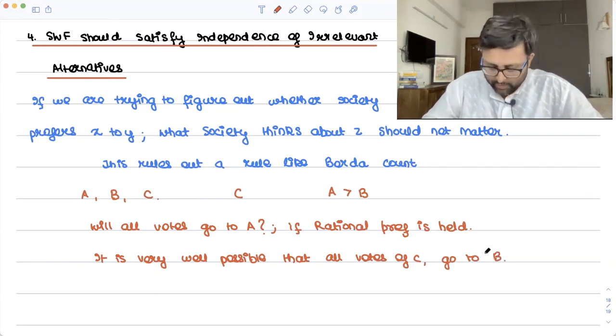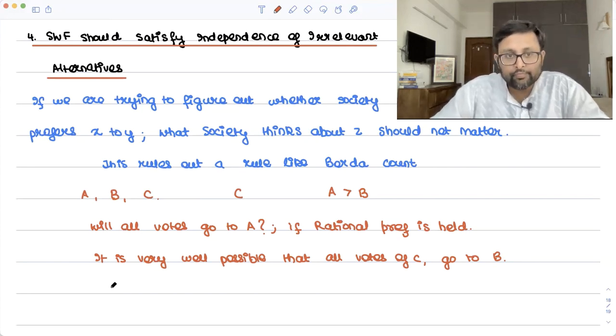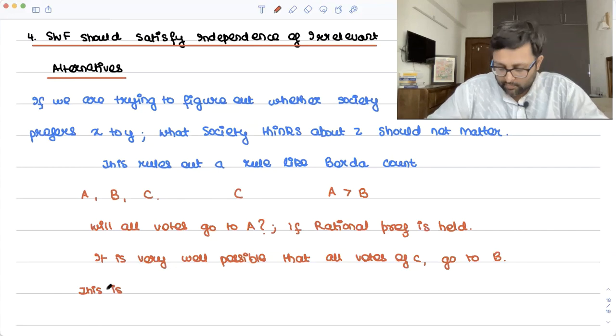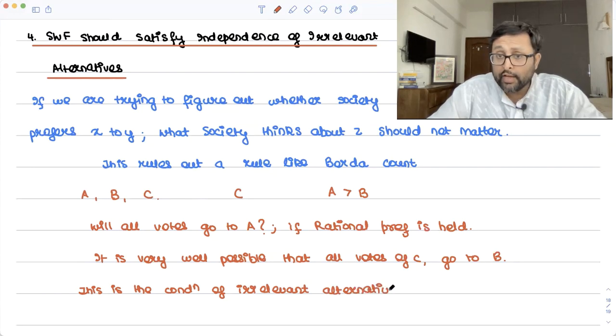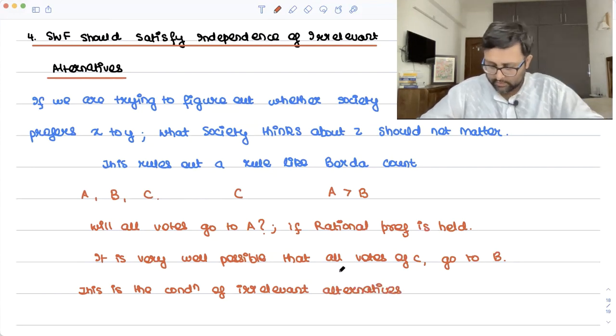All votes of C go to B. This is the condition of irrelevant alternatives, right?